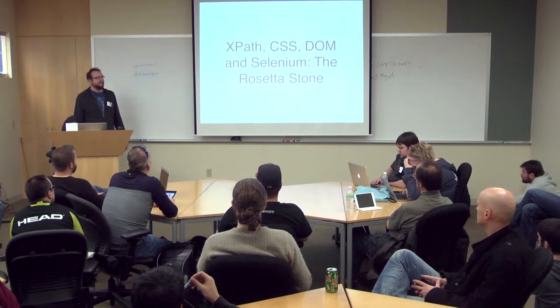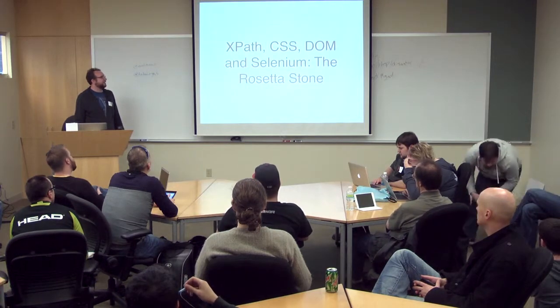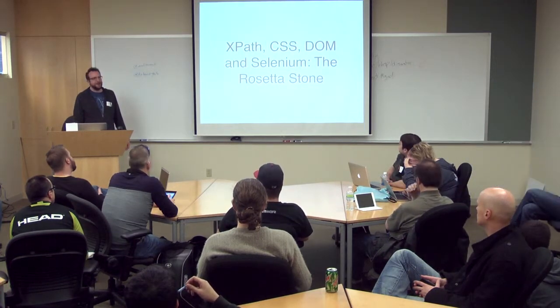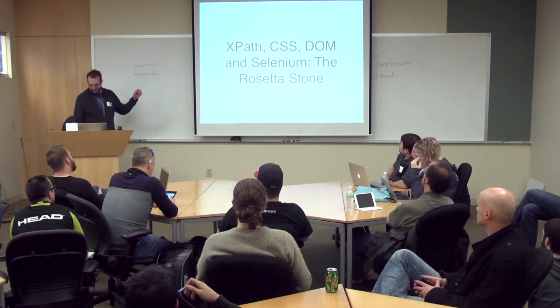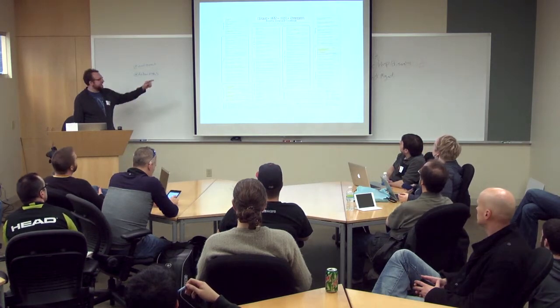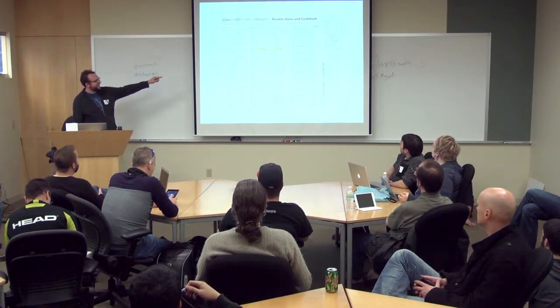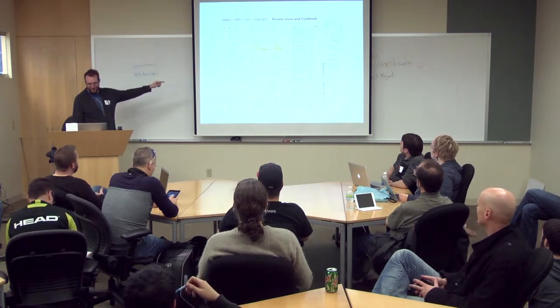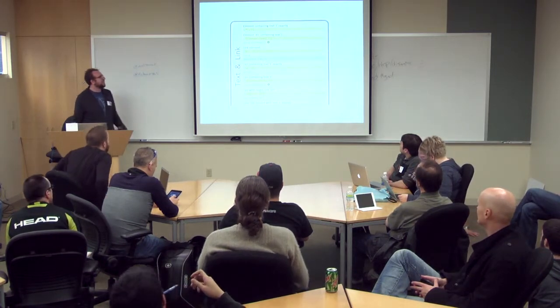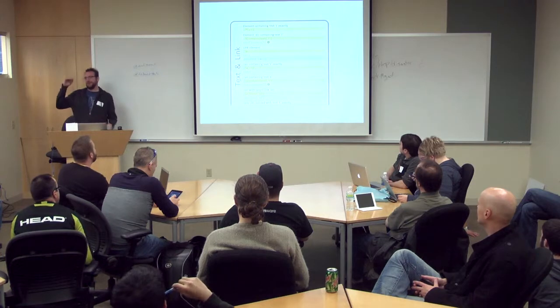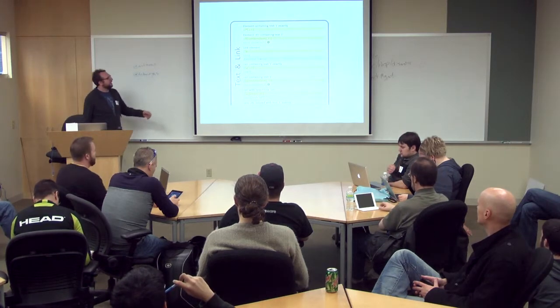I failed at writing front-end tests until I found this. It's called the Rosetta Stone. Here's a zoomed in thing. Basically, it's just a big cheat sheet of all the stuff.